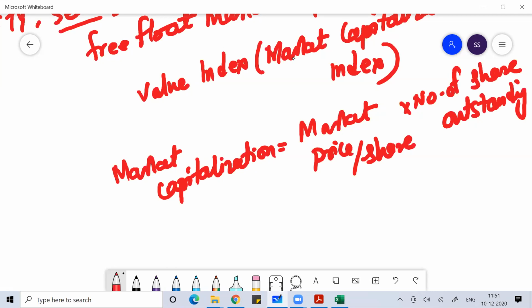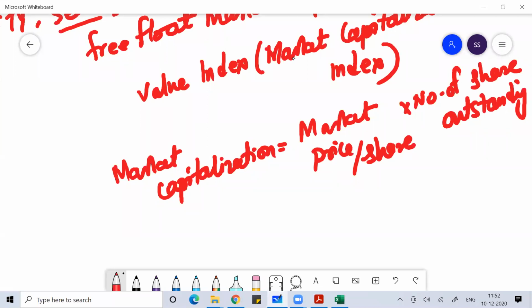Out of all the bids, we take the best bid, which is the highest of all, and the lowest of all asks is called the best ask price. Then we find the average price, which is the average of best bid and best ask, and compare it with the price at which actual trading happens in the market. The percentage difference we get there is called the impact cost.